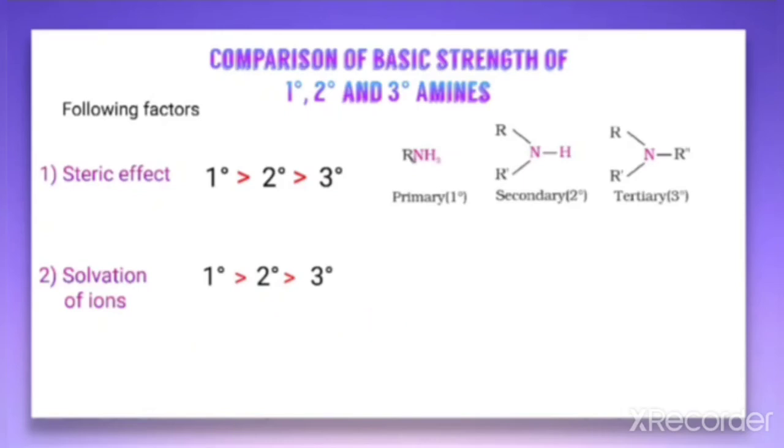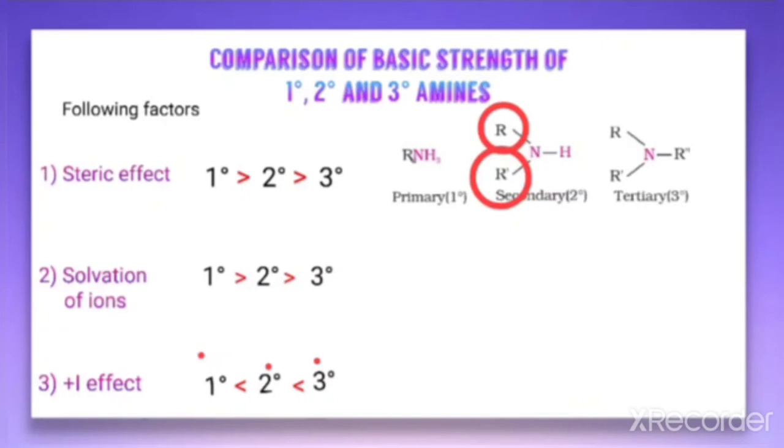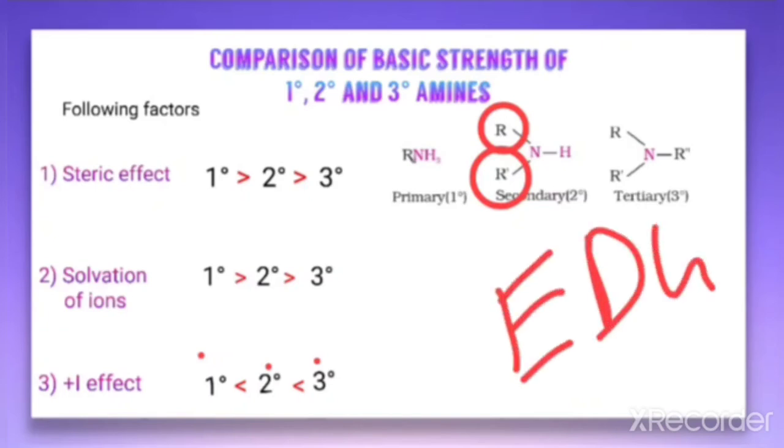the solvation of ions. But there is another factor, that is the factor called as the plus I effect. That is the positive inductive effect. According to the positive inductive effect, 3 degree is more reactive than 2 degree than 1 degree, because as we have already discussed, the presence of alkyl group, which is an electron donating group or electron releasing group, increases the electron density on the nitrogen.